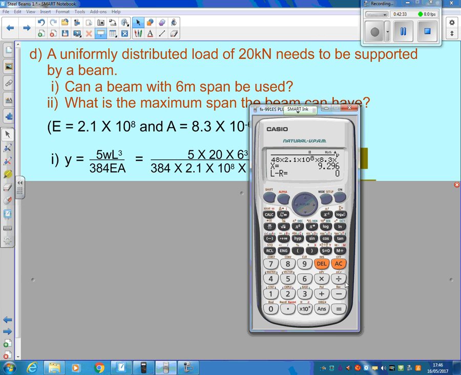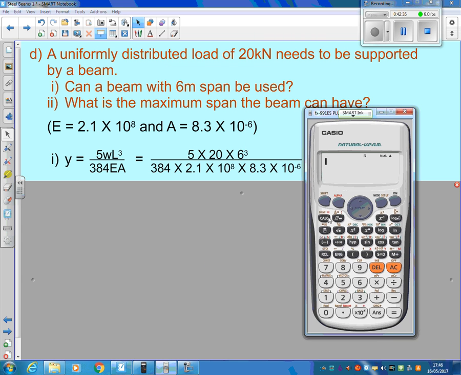Okay, let's do this one. Onto that I just type in 5 times 20, you might have done that in your head as it being 100, times 6 cubed over 384 times 2.1 times 10 power 8, move it to the right, times 8.3 times 10 to the power of minus 6.